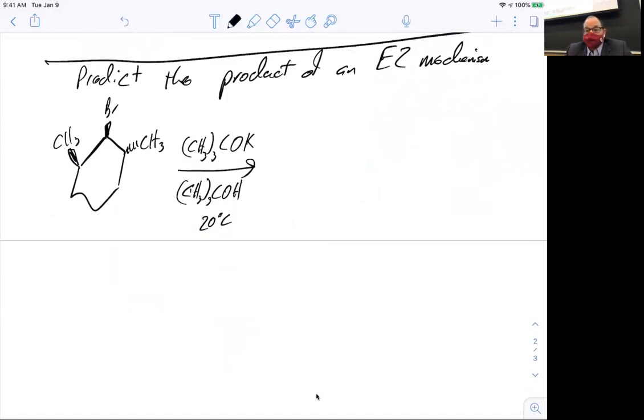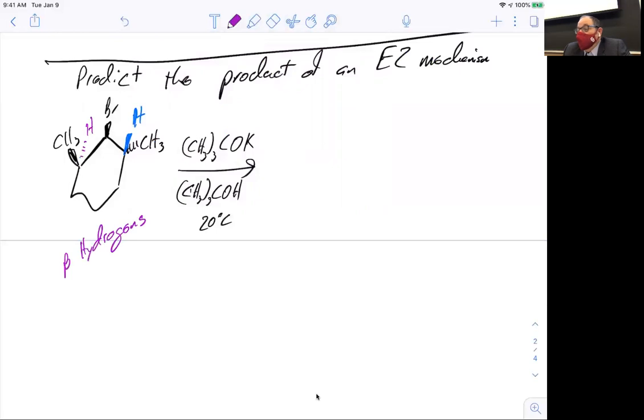So let's take a little time on this one. In this case, they're telling us what the mechanism is.